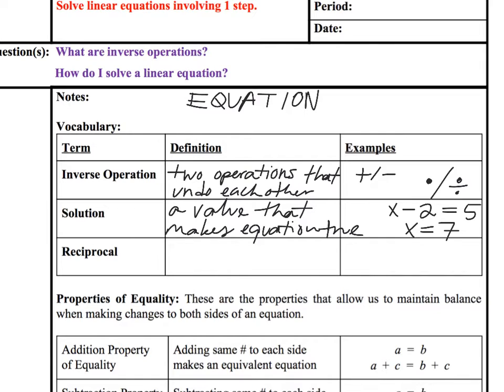Reciprocal. This is a weird way to say it, but this is actually the technical definition: a pair of numbers. I'll say a pair of fractions. That multiply to 1.